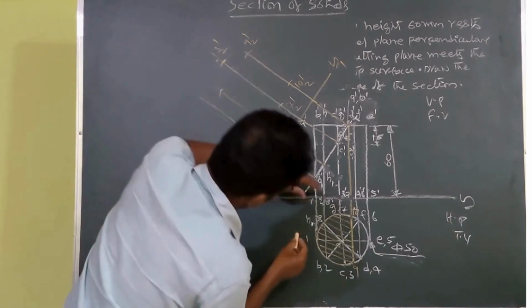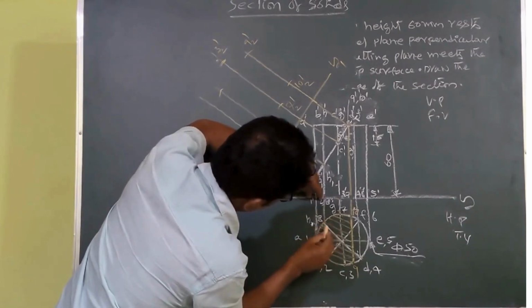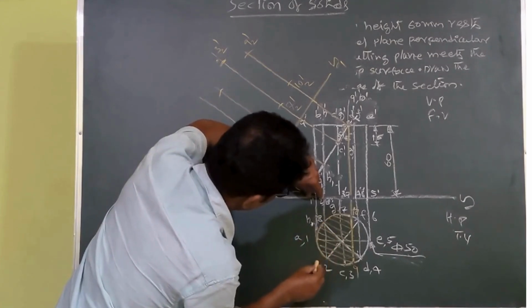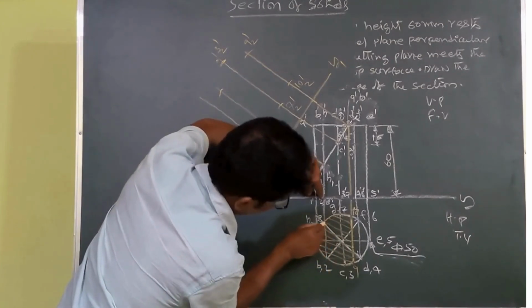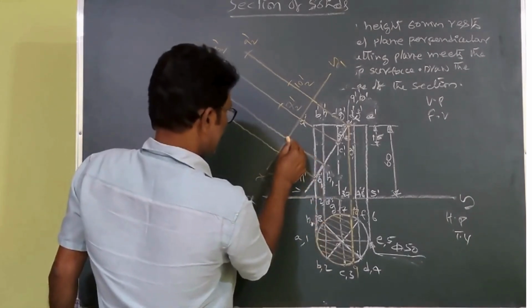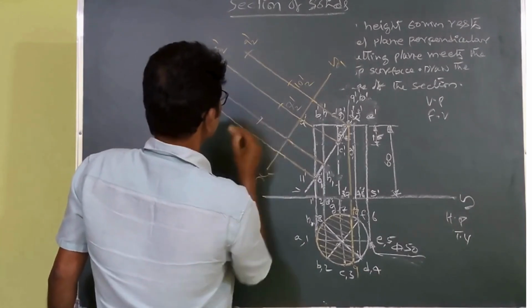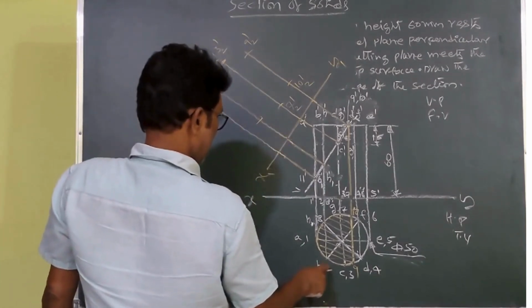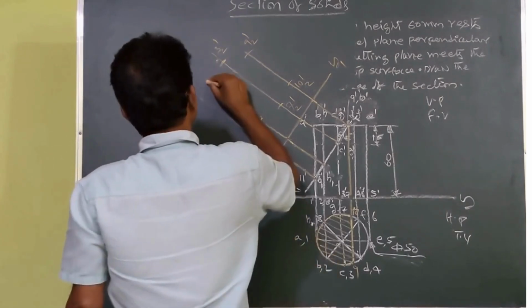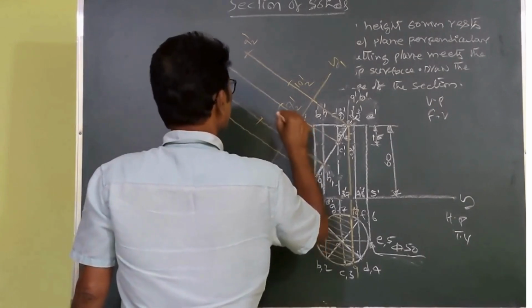At the same time, 2 dash as a point, and 8 as a radius. This is a center, you cut it here. So this is 2 2 dash, and this is 8 2 dash.